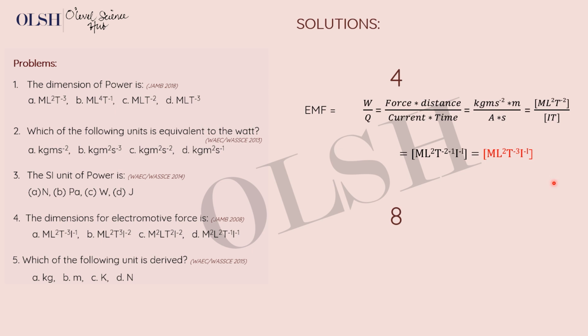Which of the following statements about mass and weight are correct? 1. Weight is the force of gravity on a body. 2. The mass of a body is the quantity of matter in it. 3. The weight of a body is greatest at the equator. 4. The mass of the body is greatest at the poles. Alright, if we look through, we know that 1 is correct: weight is the force of gravity on the body. 2.